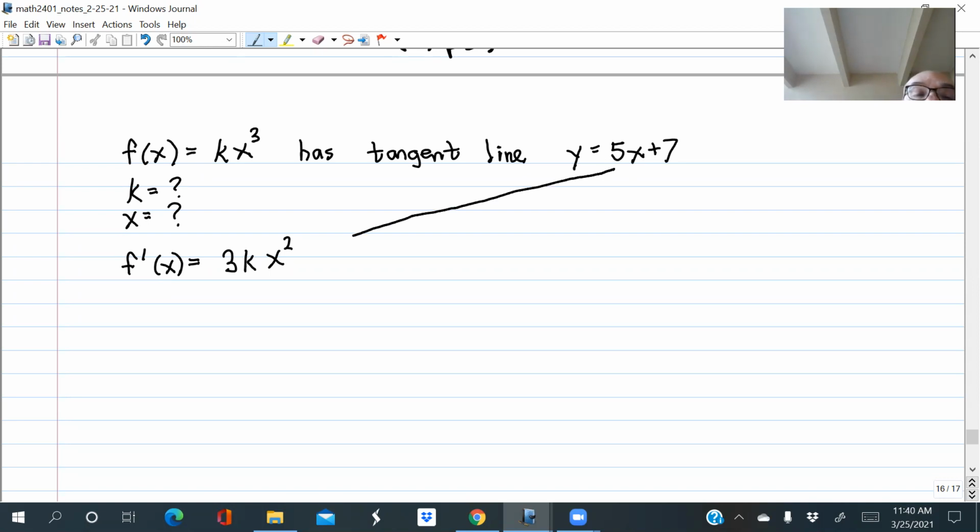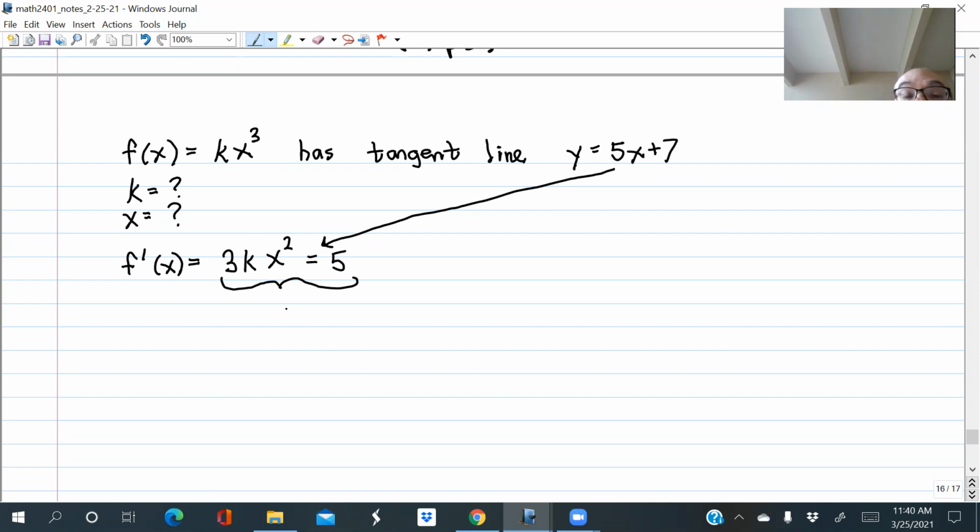So we know that somewhere, for some x value and some k value, the derivative, which gives you the slope of the tangent line, has to turn out to be 5. So the first step, or maybe the second step, in the solution of this problem is to take your derivative and set it equal to 5, because that is the slope of the tangent line that you are given.